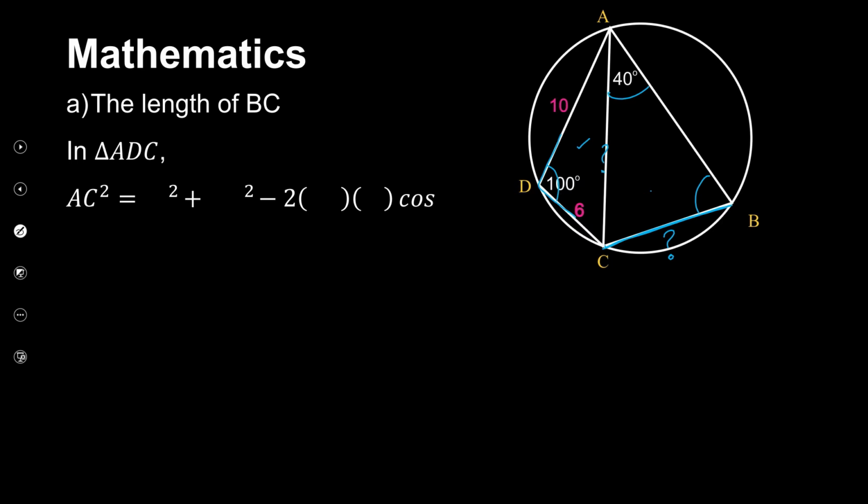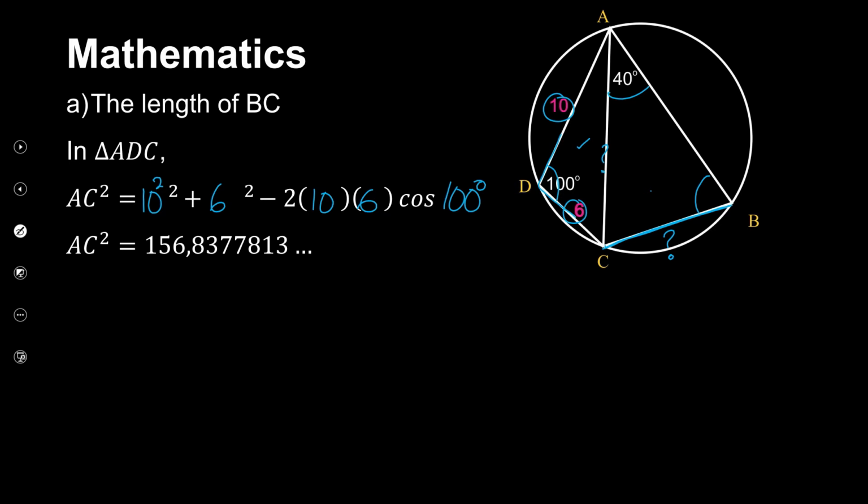Okay, so first let's find AC squared. So AC squared is equal to, remember we're going to use our sides, 10 squared, right? So it's that side. And then this side, 6 squared, minus 2 times 10 times 6 times cos of the angle in between, which is 100 degrees.